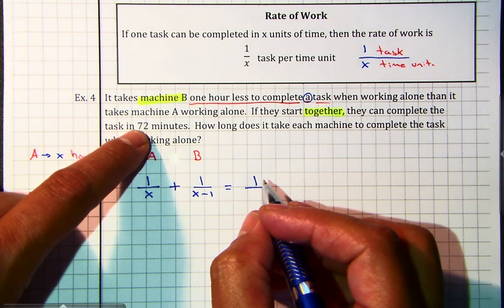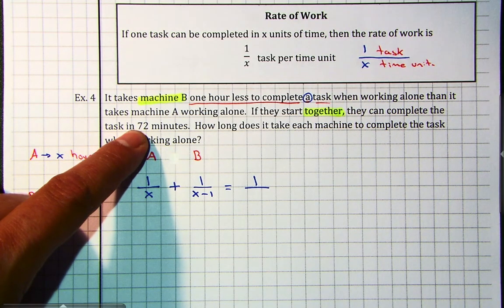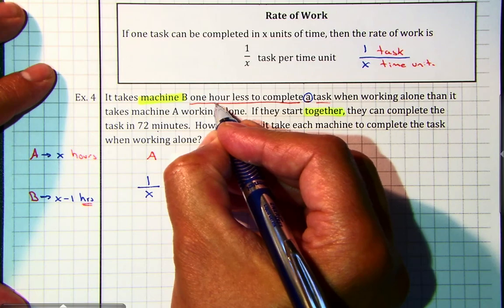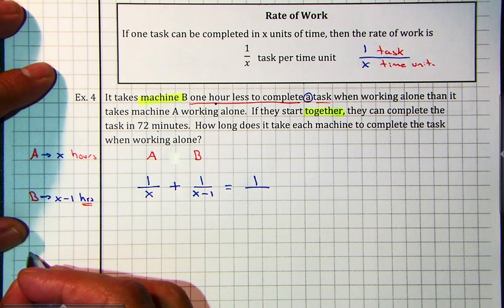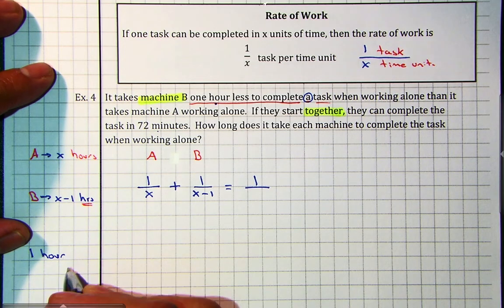72 minutes. Now I need this either as a decimal or as a fraction, whichever you prefer, in terms of hours. 72 minutes, I know it's 1 hour. And how many minutes? 12 minutes.